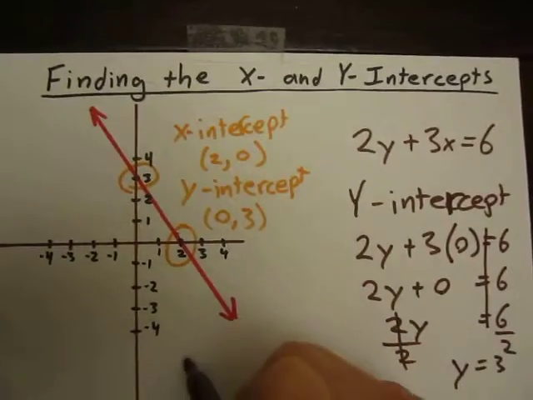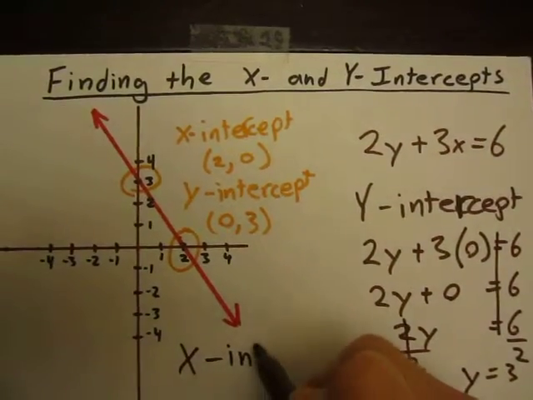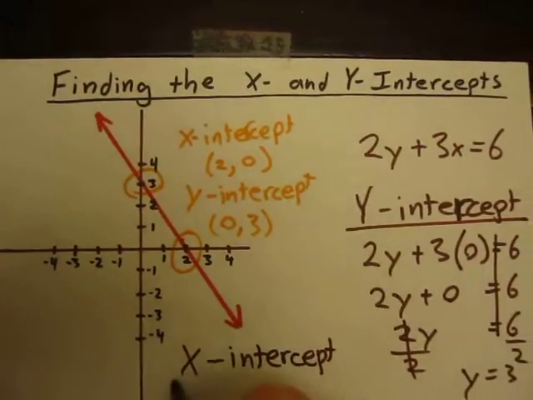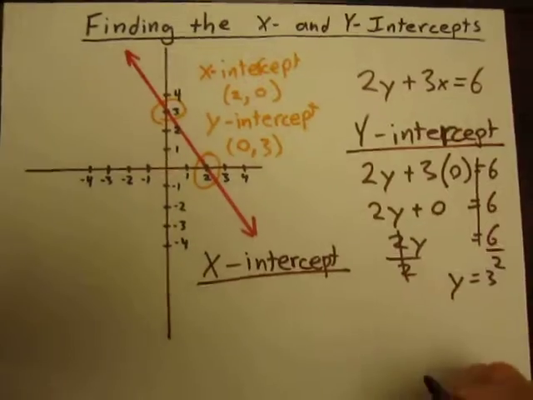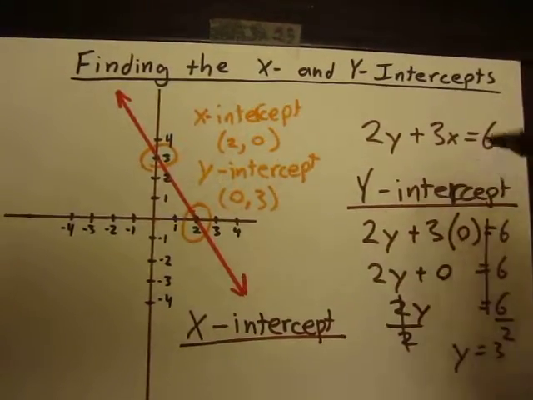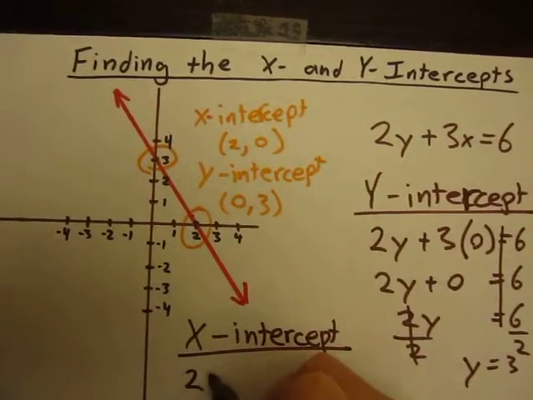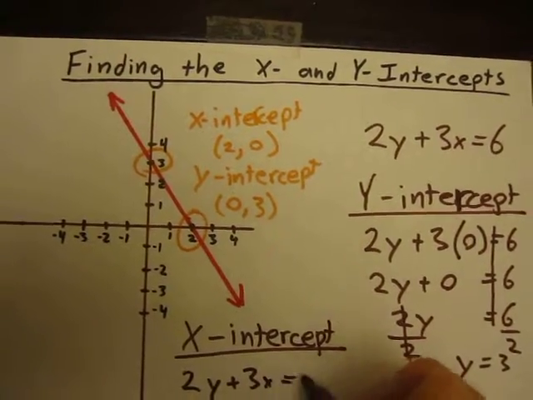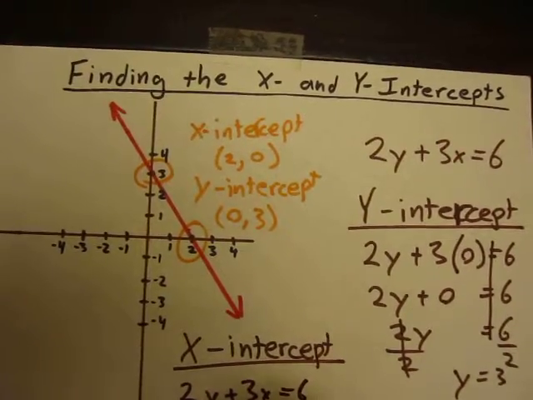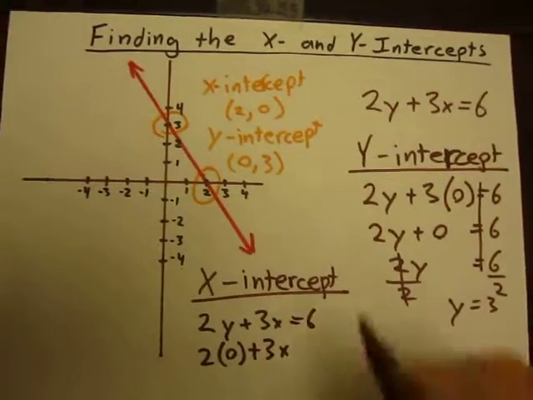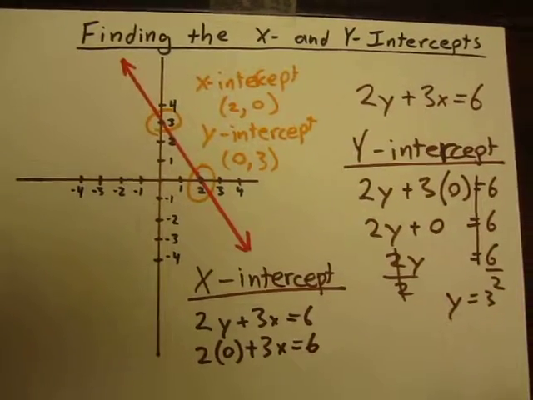Now, let's talk about the x-intercept. To find the x-intercept, we're going to do the same thing, except this time we're going to plug in 0 for y. So we have 2y plus 3x equals 6. We're going to substitute in 0 for y, and that's going to equal 6.